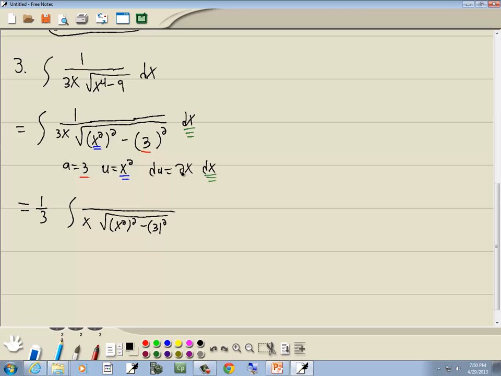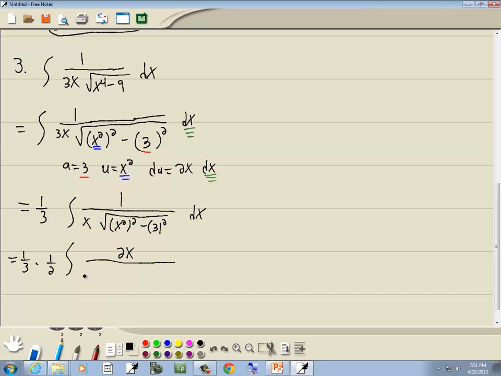But what we need is we need a 2 up on top. We also need an x up on top. So let's see about handling that. Well, I'll put a 2x up on top. Now if I put 2 up on top, I have to offset it with a reciprocal out in front.